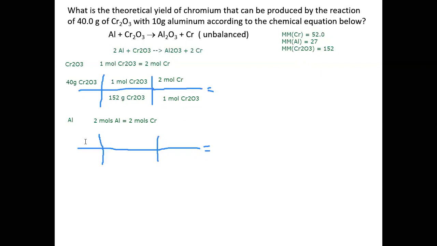We do the exact same thing with aluminum. So we start with the mass of aluminum, convert it to moles, and then convert it to moles of chromium. And since it's 2 to 2, you can just put 1 to 1. So now we can determine the moles of product produced by each.